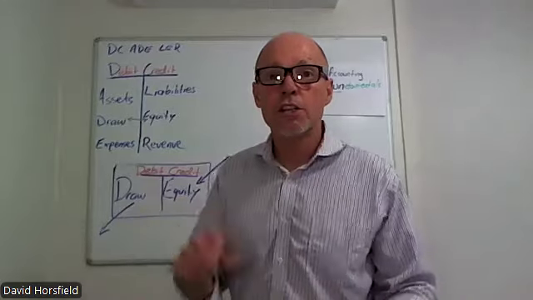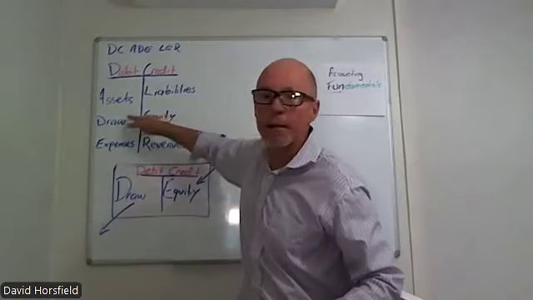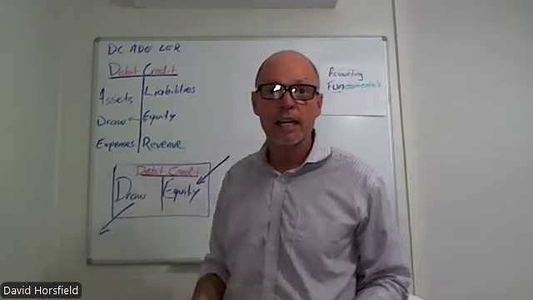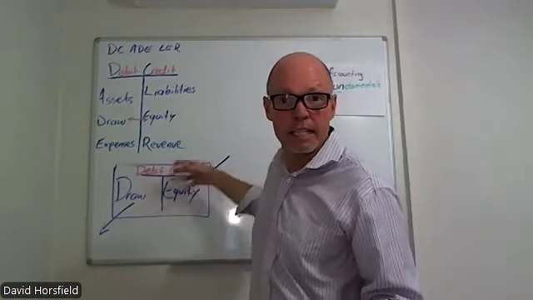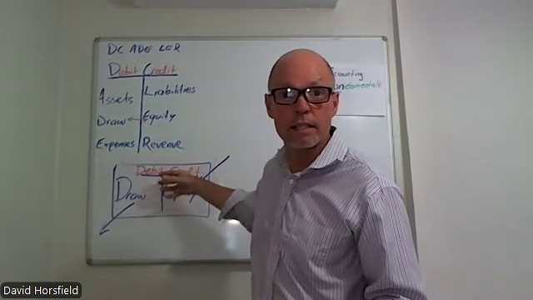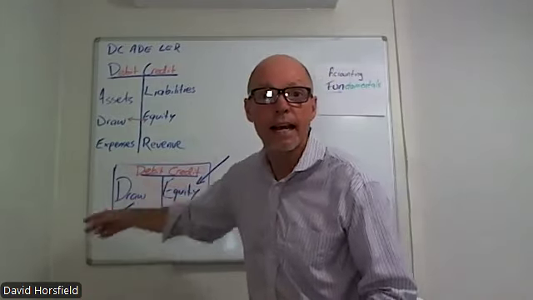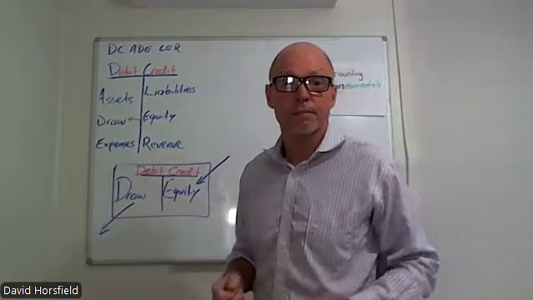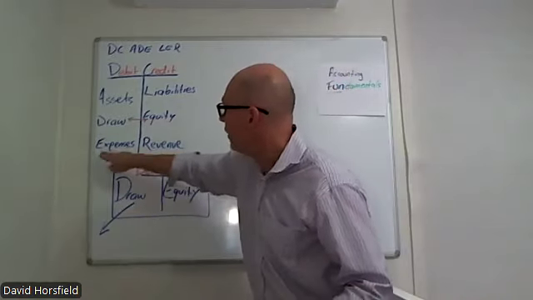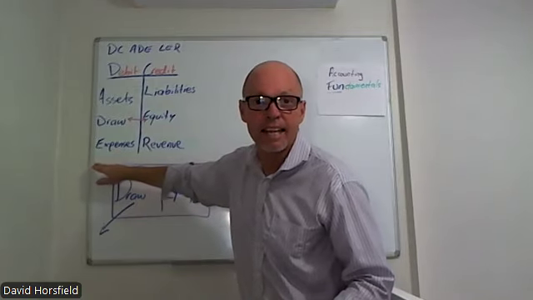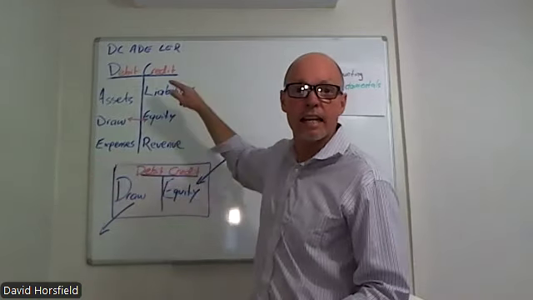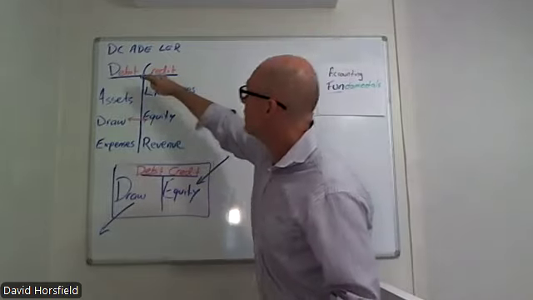So equity and draw share the same middle position in the DC Adler structure. The difference is equity is money essentially coming into the business, and draw is money that I take out of the business. So they go together, and that's how we differentiate between what is the E in ADE and what is the E in LER.